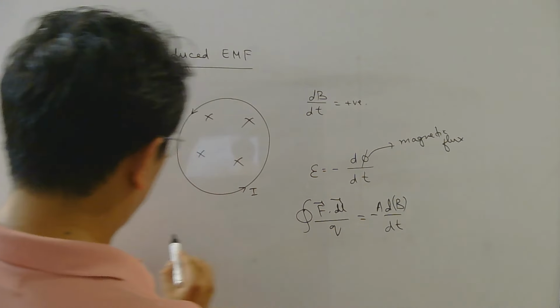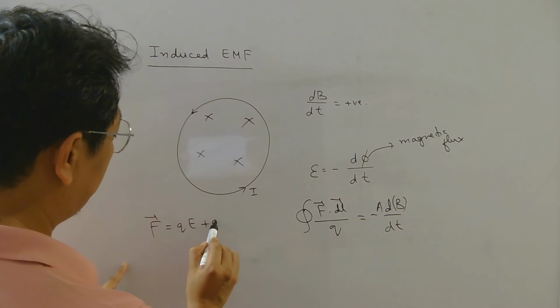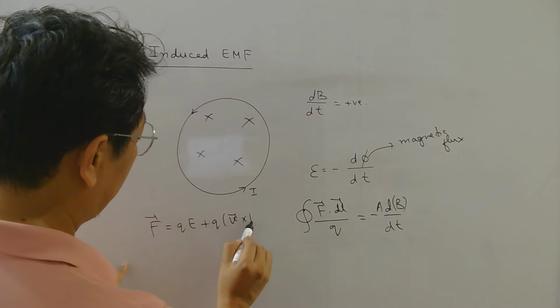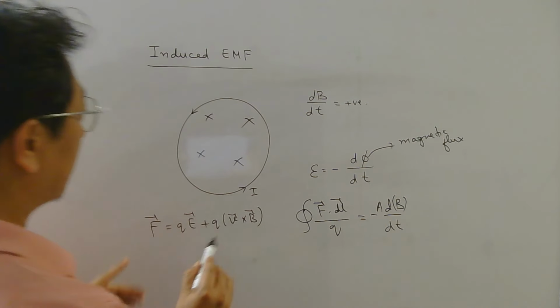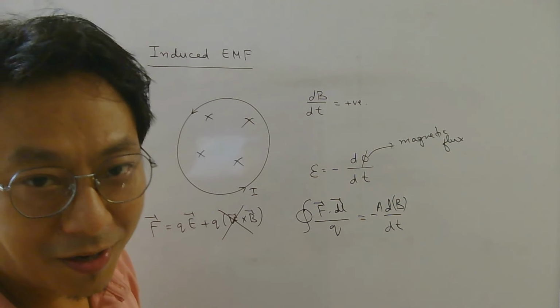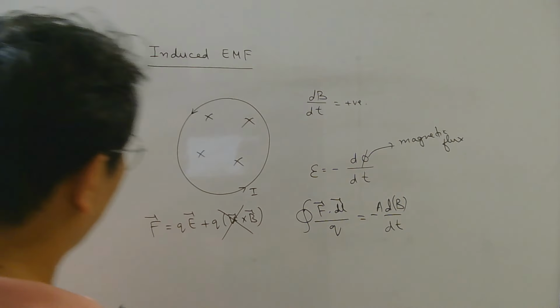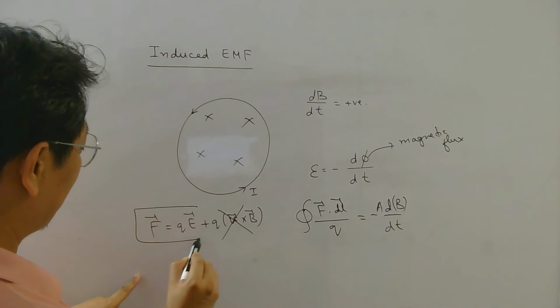And this force actually is made up of two parts, QE plus QV cross B. But here our loop is not moving, so this is not necessary. There is no velocity of the loop, and therefore only this is useful.